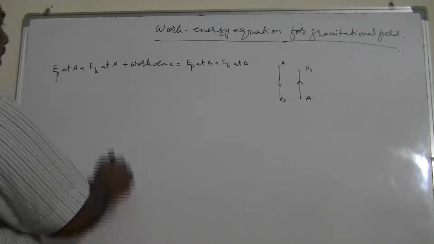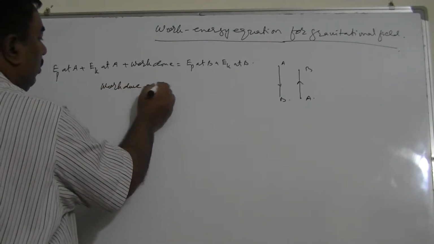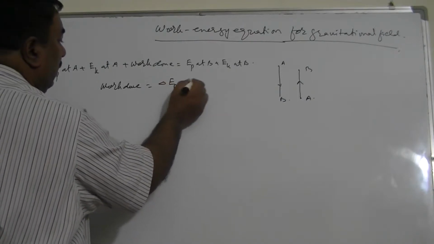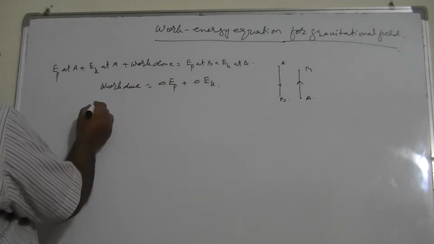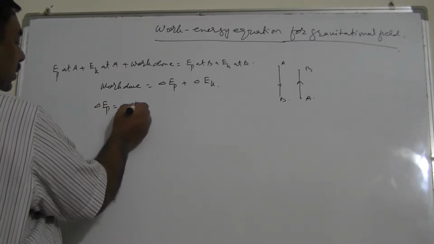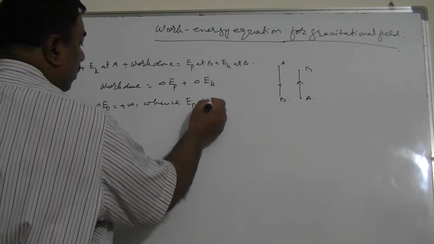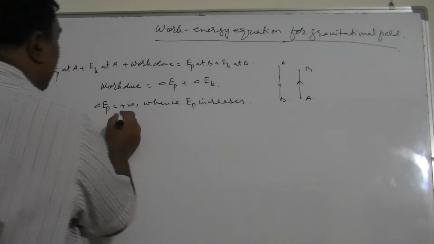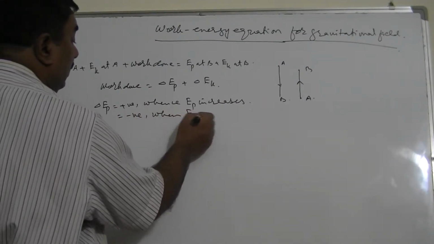Sometimes this equation may also be written as work done is equal to change in potential energy plus change in kinetic energy. But the change must be with the positive or negative sign. Delta EP is positive when EP increases, and of course negative when EP decreases.